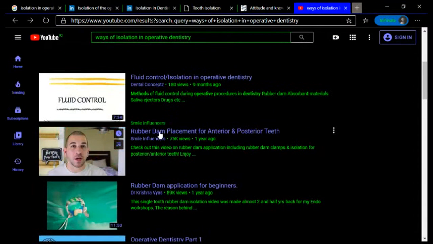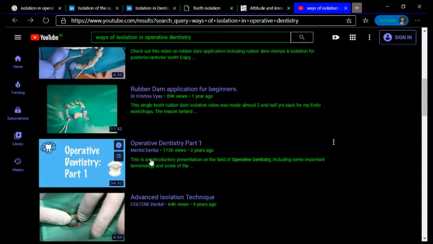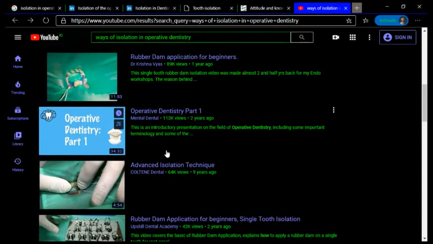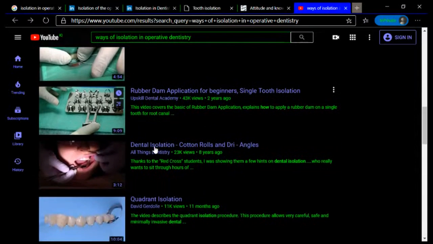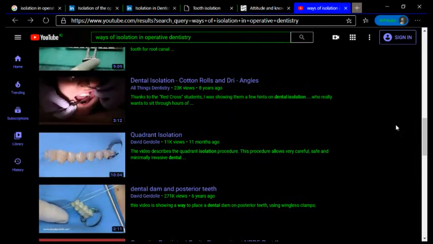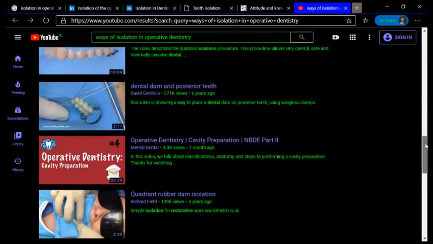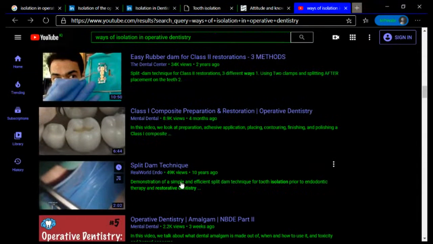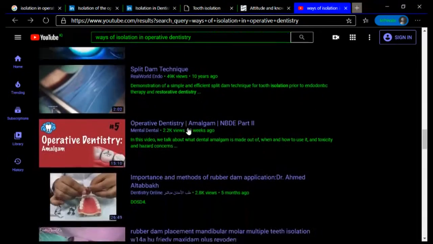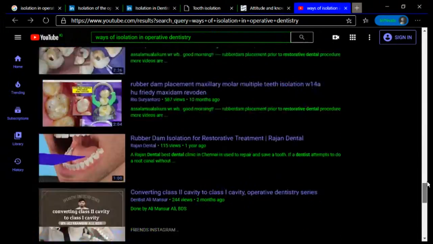This is about the rubber dam placement, anterior and posterior. This is about rubber dam application for beginners, operative dentistry, advanced isolation technique, dental isolation, cotton rolls. We have operative dentistry, lots of videos, split dam technique, all or many of them talking about the rubber dam.